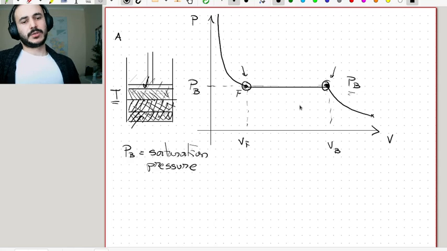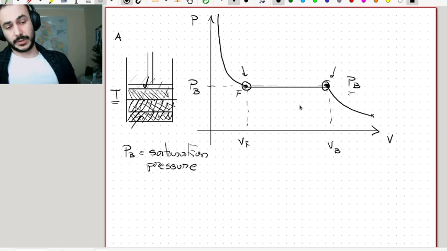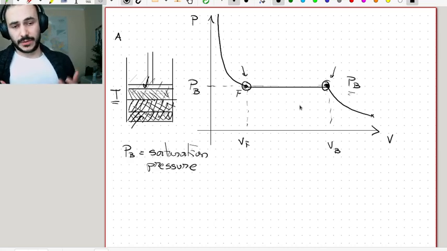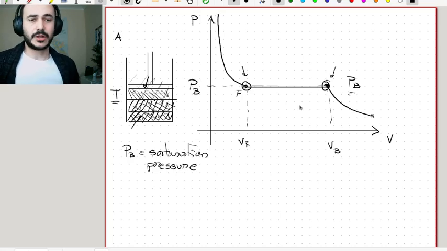So what really happens to a real gas when the temperature is low enough is that there will be a phase transition. The gas will go from gas to liquid. And this is something that the van der Waals equation of state misses. The reason it misses this is because it starts from the assumption that the most stable state of a system is always going to be a homogeneous state.